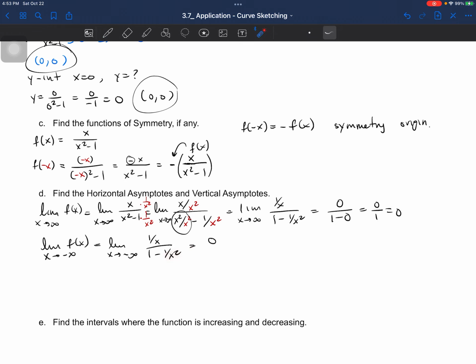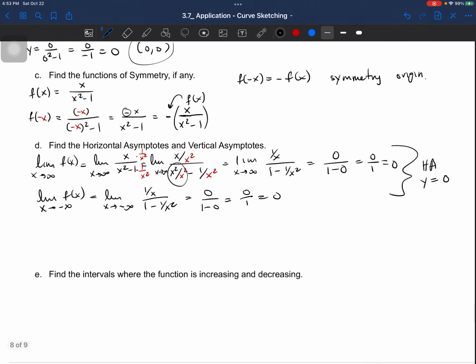So this is going to be a 0, right? The same thing with this one. Sorry, so it'd be 1 over negative infinity squared, which is going to 0. So we end up getting 0 over 1 minus 0, which is 0 over 1, which is 0.